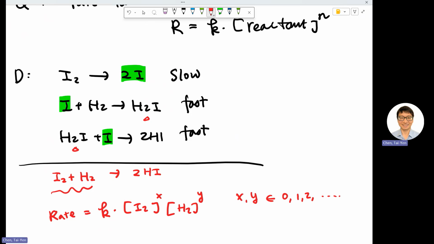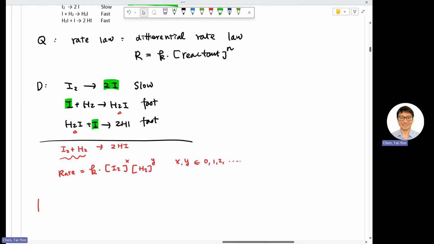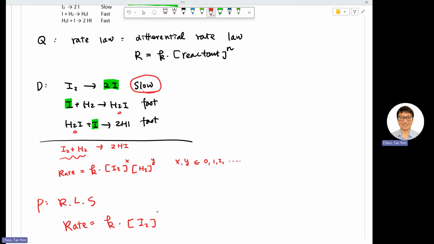Once you have that in mind, you start from your rate-limiting step, which is the slow step. Then you can write that the rate is going to equal rate constant k times I2 to the first power. The exponent will simply be the coefficient in your elementary step.